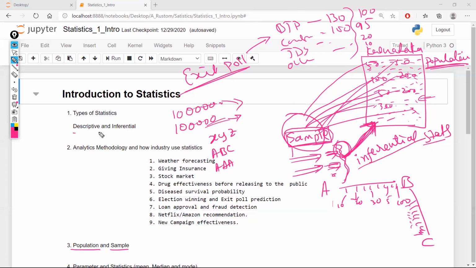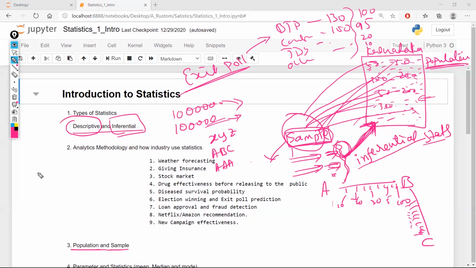They both go hand in hand: descriptive and inferential, and population and sample. So whenever I study this data, that becomes descriptive statistics. I find the data, then I refer this to the population, that is inferential statistics, right? You can take any example, not only politics related.